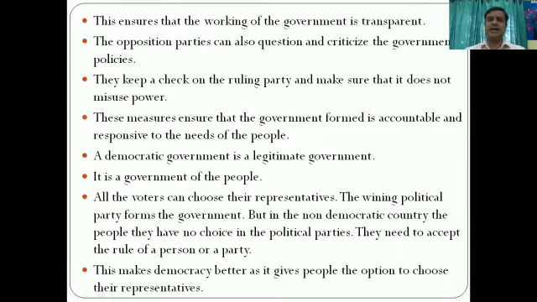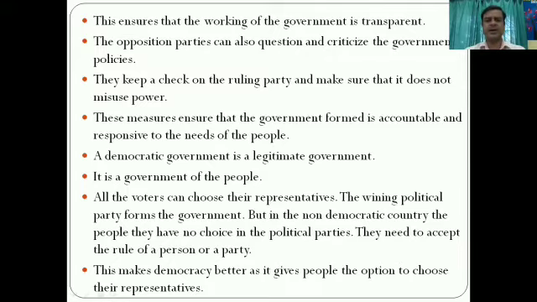This ensures that the working of the government is transparent and the opposition parties can also question and criticize the government policies because it is available in democracy. They keep a check on the ruling party and make sure that it does not misuse power. These measures ensure that the government formed is accountable and responsive to the needs of the people.